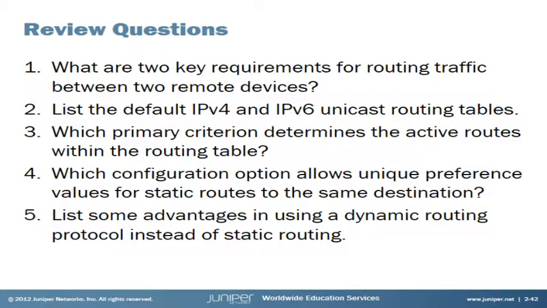All right, so let's have a look at some review questions. What are the 2 key requirements for routing traffic between 2 remote devices? So we said there was 2 things. 2 key requirements, what were they?